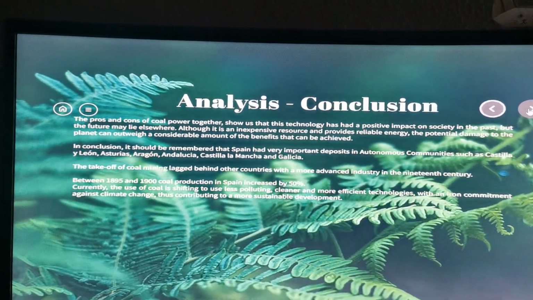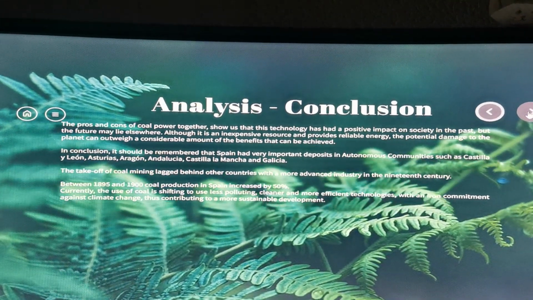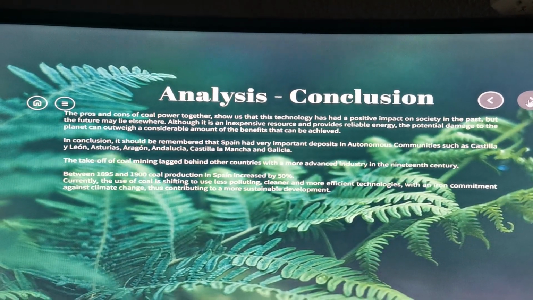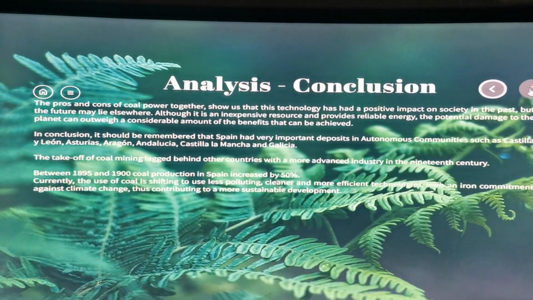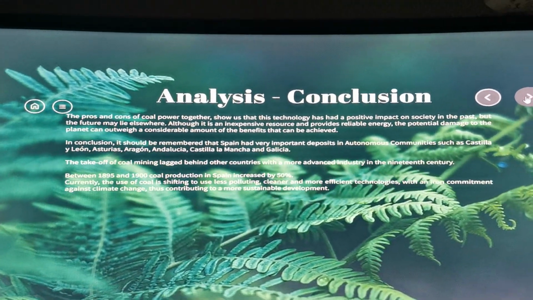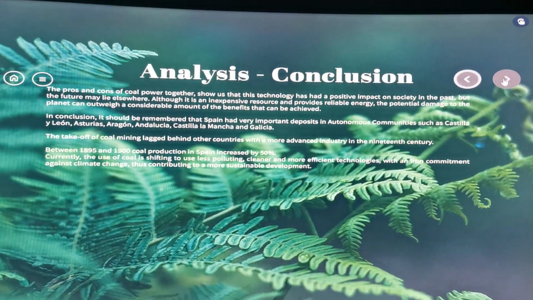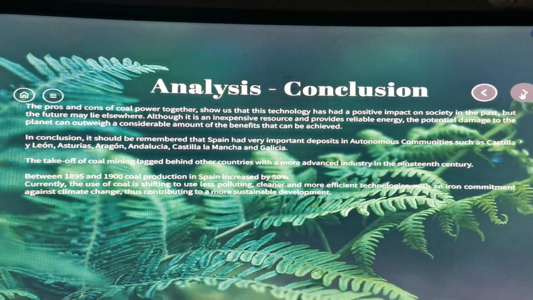The pros and cons of coal power together show us that this technology has had a positive impact on society in the past, but the future may lie elsewhere. Currently, the use of coal is shifting to less polluting, cleaner and more efficient technologies, with a firm commitment against climate change, thus contributing to a more sustainable development.